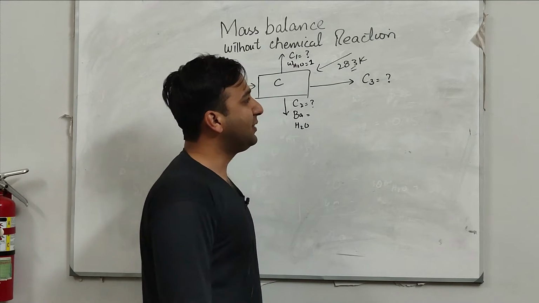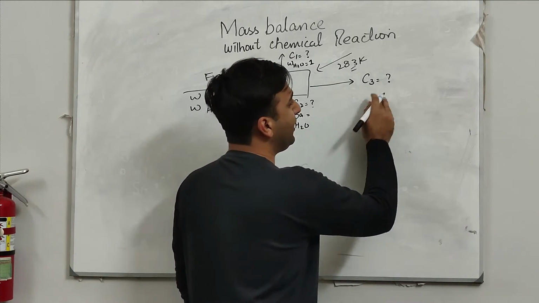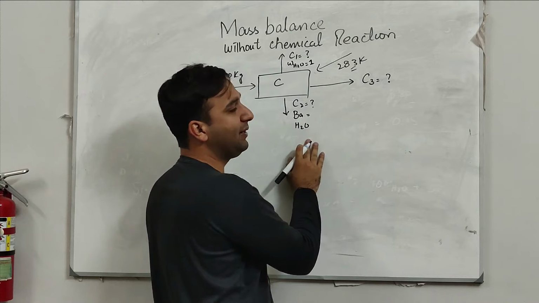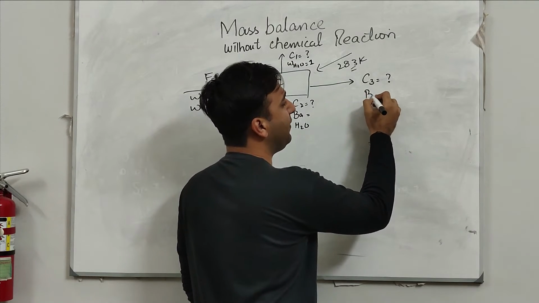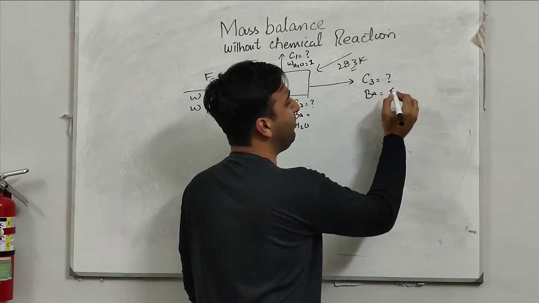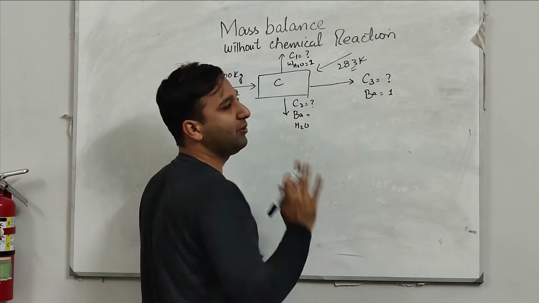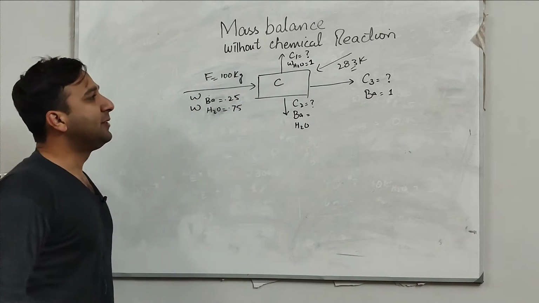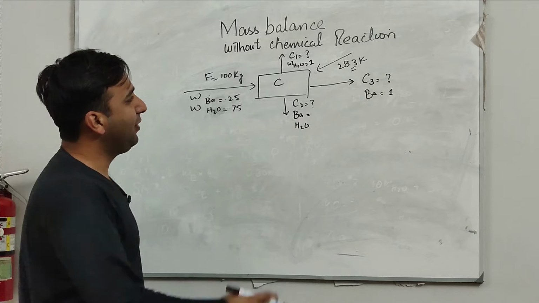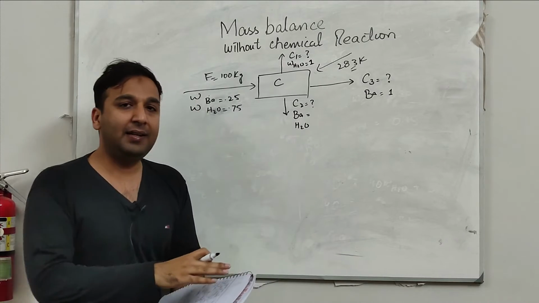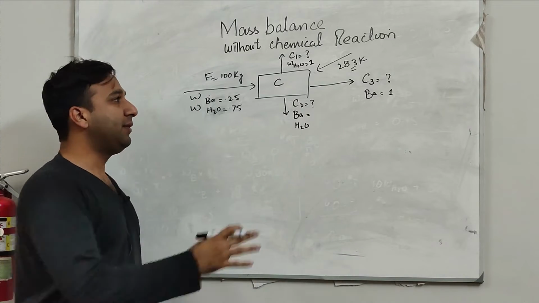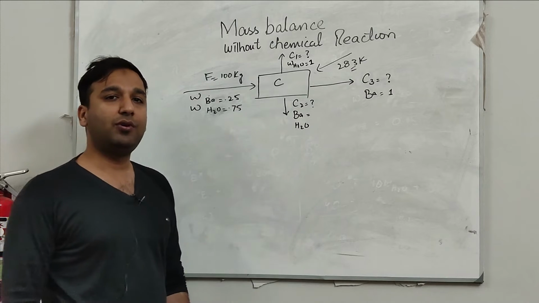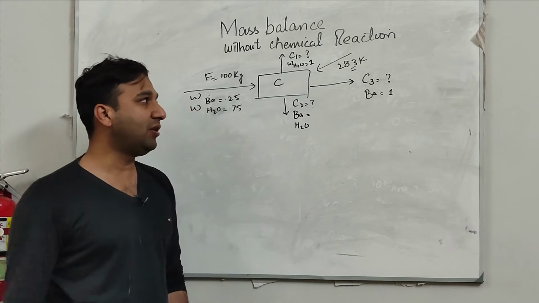It is also said that no water accompanies the barium nitrate crystals, so this stream will have only barium nitrate and no water. Now you can see that we have converted the descriptive form of the problem into this pictorial view, so it will be easy for us to solve.